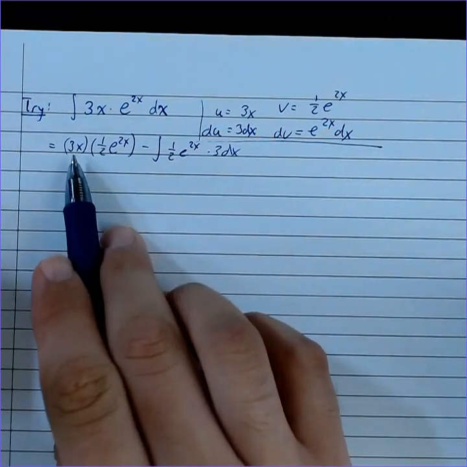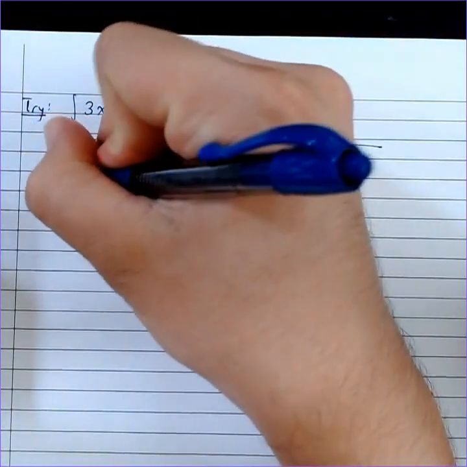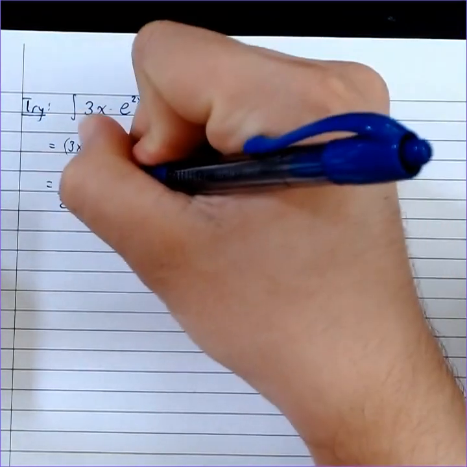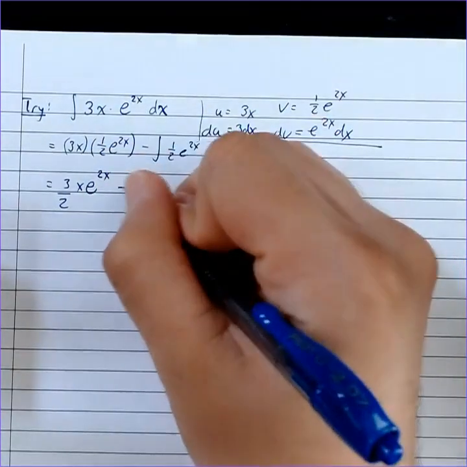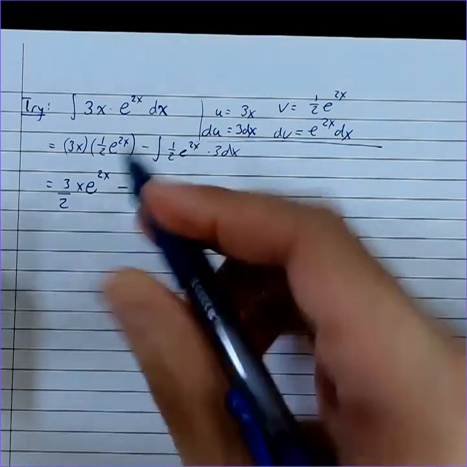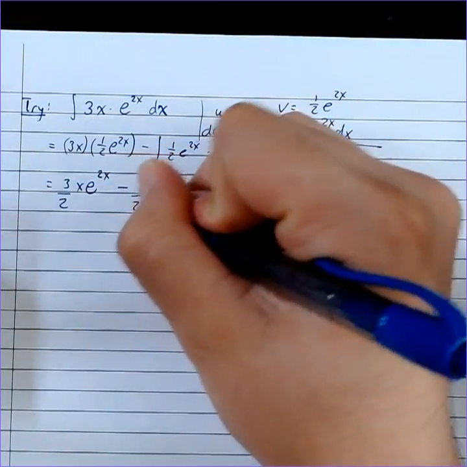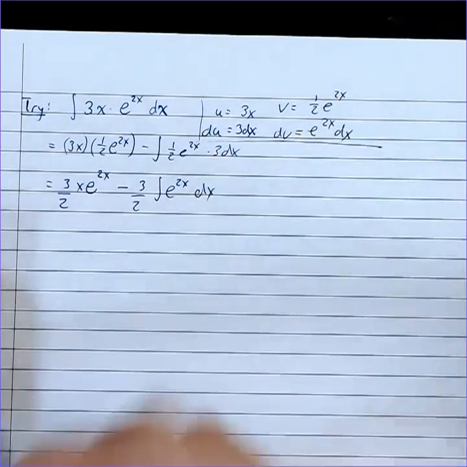We can rewrite some of these expressions. Here, let's multiply this together. So this will give us 3/2 x times e to the 2x minus, take that 3 times 1/2 and factor that out. So that'll be 3/2 the integral of e to the 2x dx.